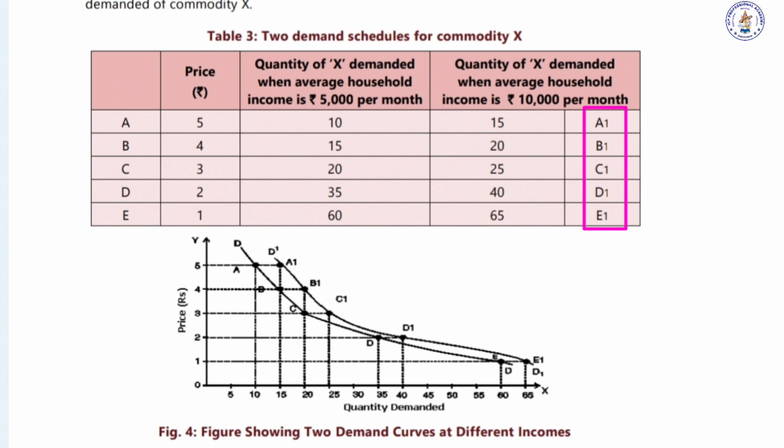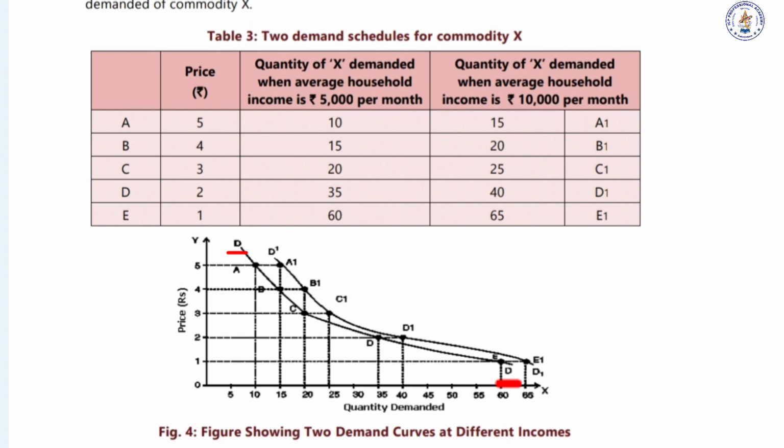Now the two types of demand curve are shown in the diagram underneath in figure 4. The first DD is when the income remains 5,000: his demand goes up and down, expansion and contraction, due to the change in the prices. But when there is an income increase, the consumer does not travel along the same curve.